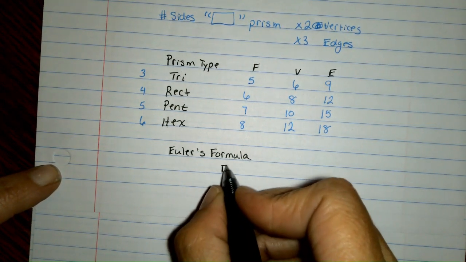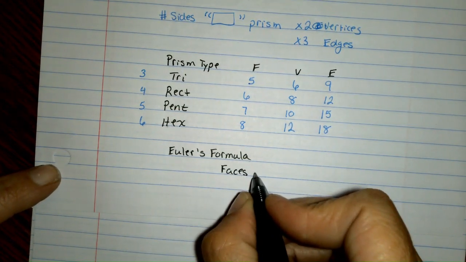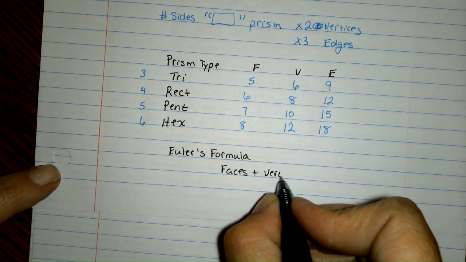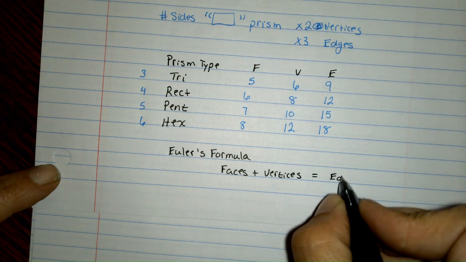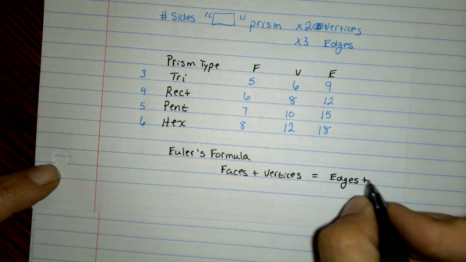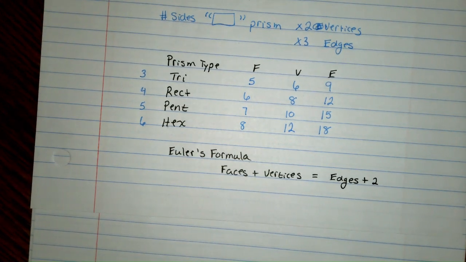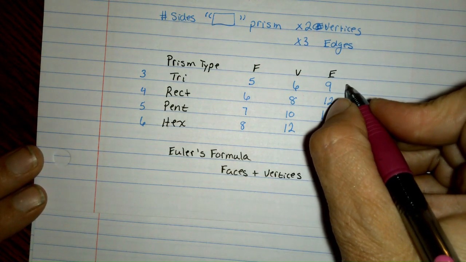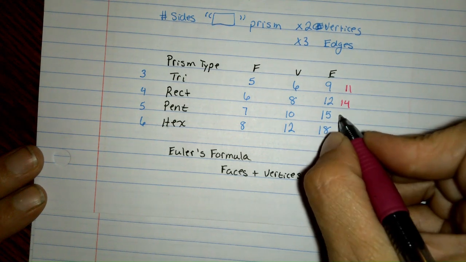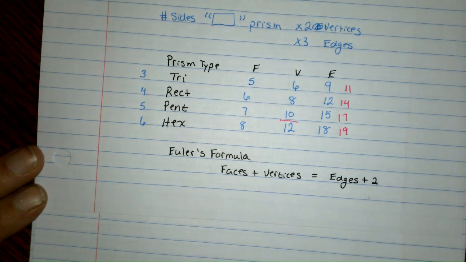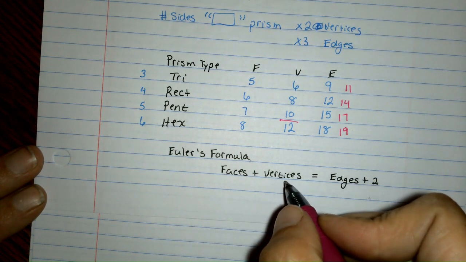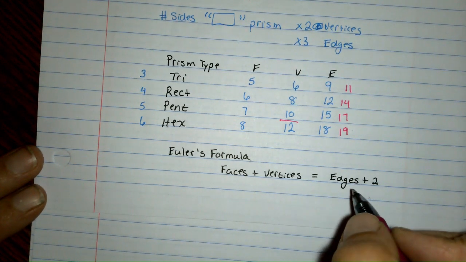But he said you could take your faces plus your vertices and that would equal your edges plus 2. Well, let's try that. Edges plus 2 would be 11, 14, 17, 19, right? Faces plus vertices equals edges plus 2.